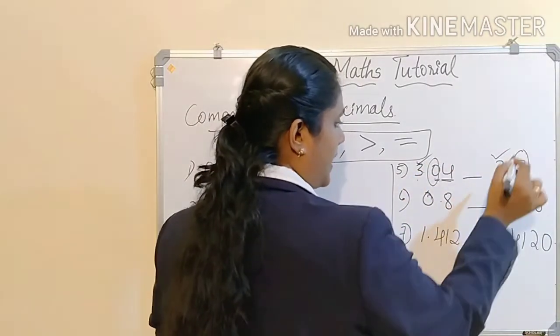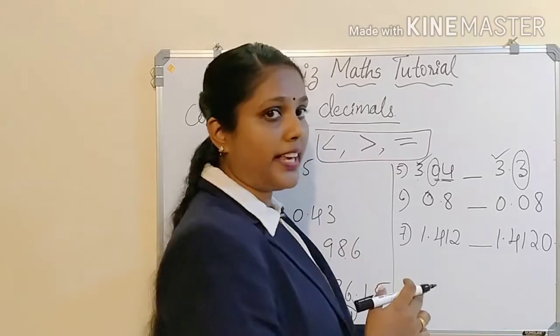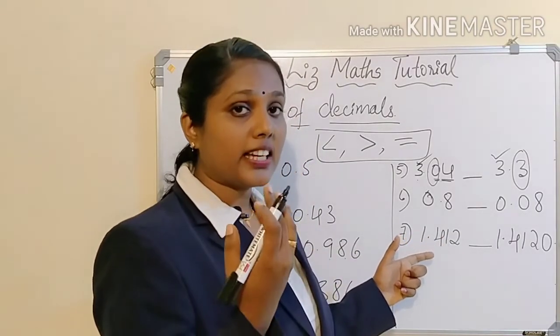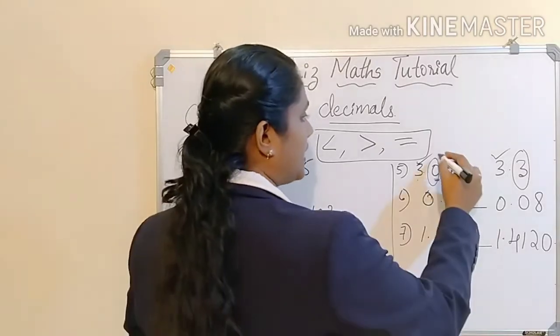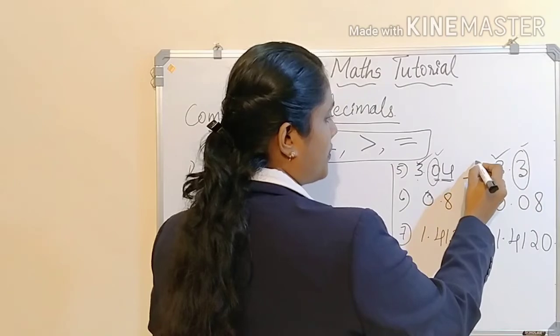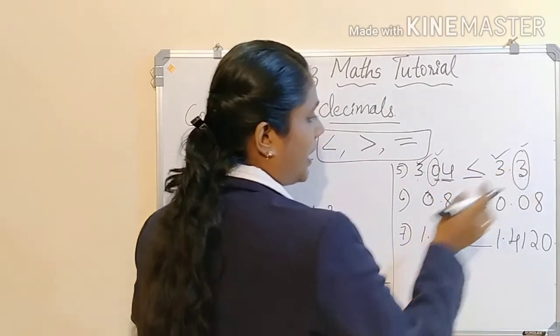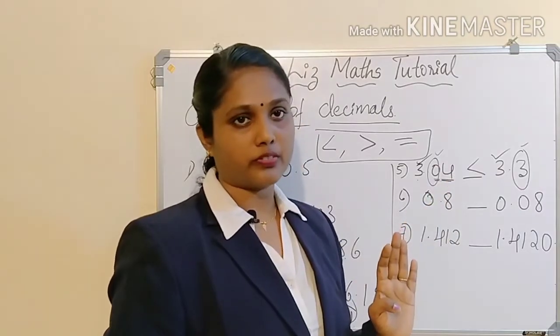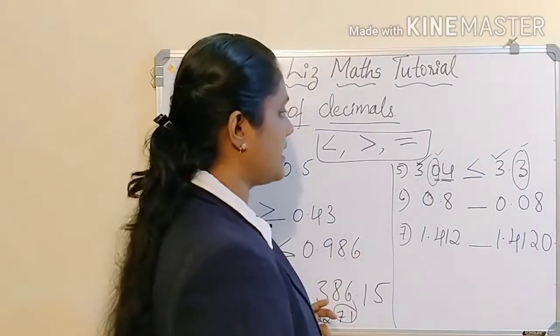Here also tenths place. So in the tenths place, whichever is the greater number is obviously the greater number. So here 0, here 3. So which is greater? 3 is greater. So obviously 3.3 is greater than 3.04.